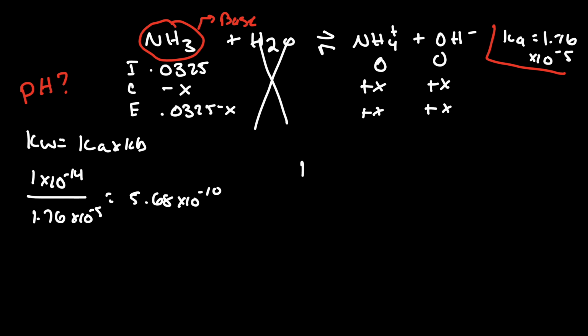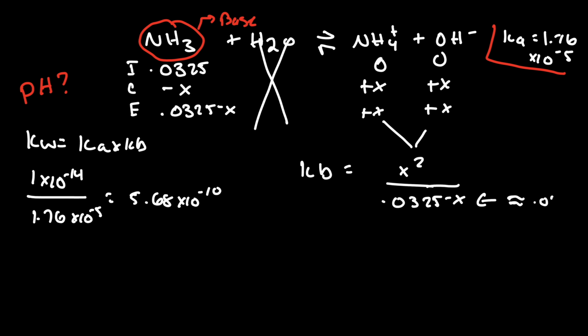So again, then our Kb expression has to be these two x's multiplied. That's going to give x squared, divided by whatever our reactants have, so that's 0.0325 minus x. And again, we can do the same approximation, and we'll check later. So we can say that this part right here is about equal to 0.0325, which means that our Kb is equal to x squared over 0.0325.